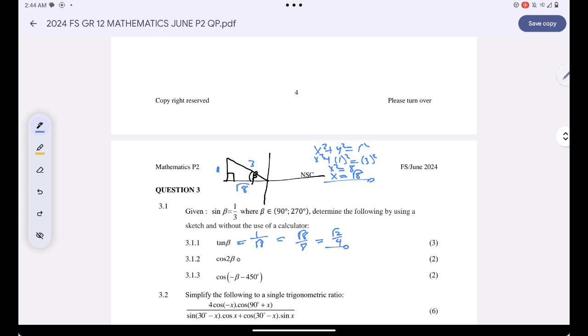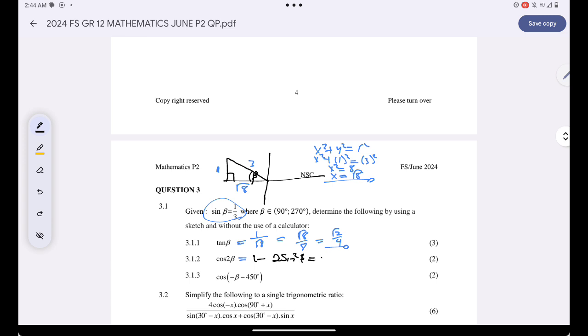Okay, and then now I want to calculate the cos of 2 beta. I can simply use what I'm given there, because I know that cos 2 beta is the same as 1 minus 2, let me use a different color. This is 1 minus 2 sine squared beta, right?